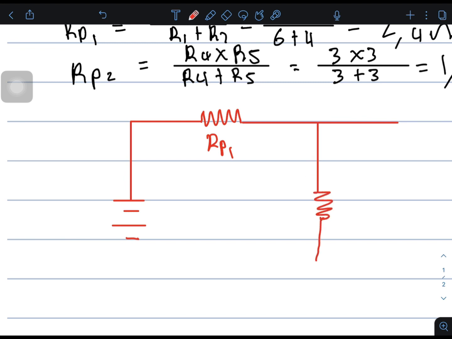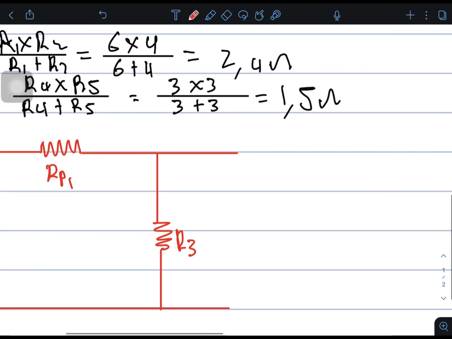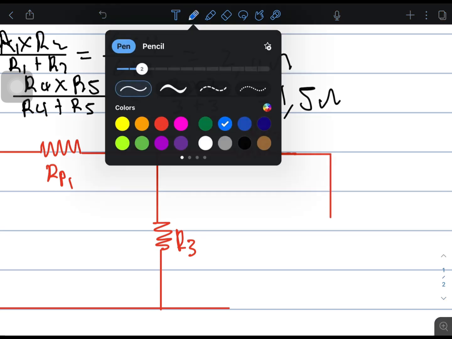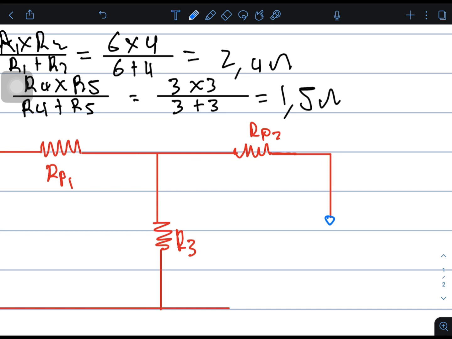Sorry, this is R3, my bad. This is R parallel 2. Today we're short circuiting this source V2.